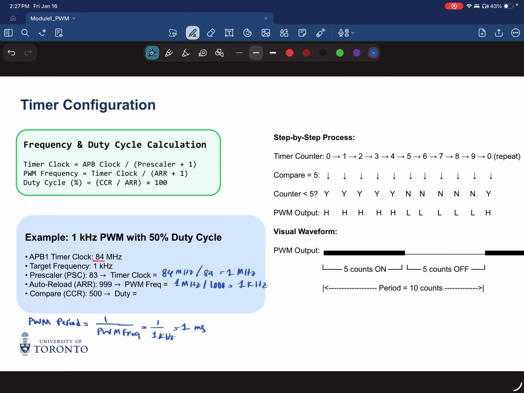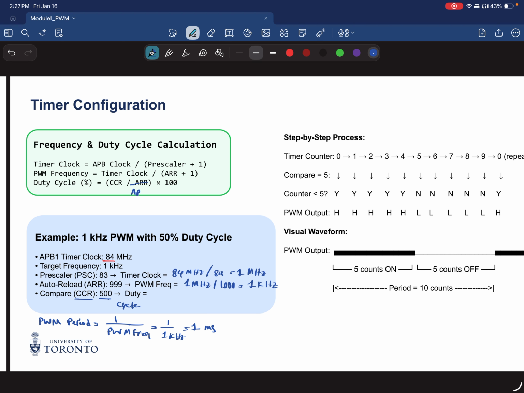That's our PWM. Now it says if the CCR is 500, what is the duty cycle? In this case, duty cycle is defined with ARR plus 1. So it's going to be 500 over 1000. It's going to be 50%.